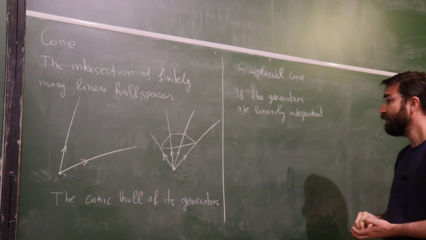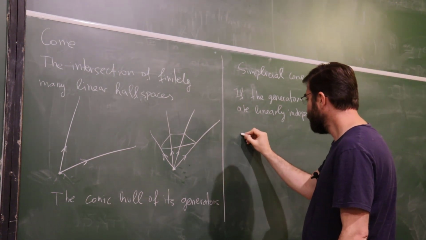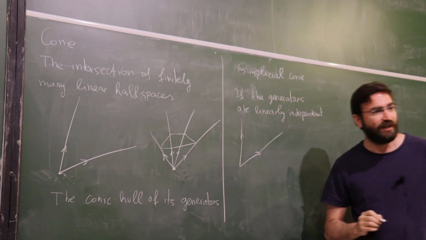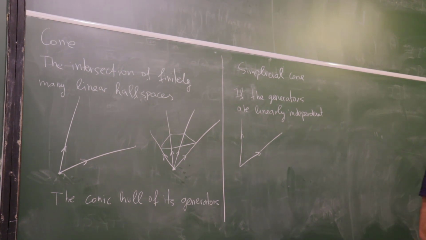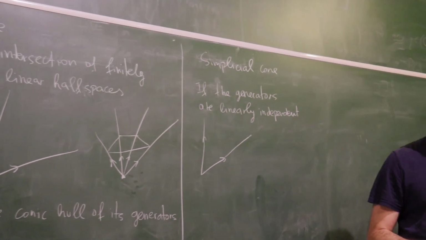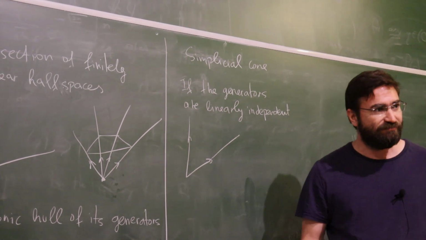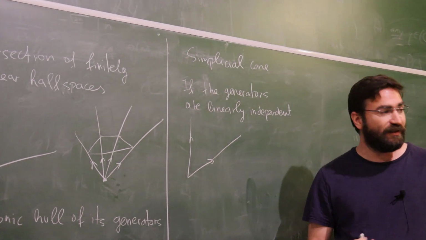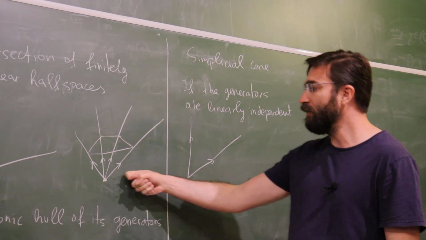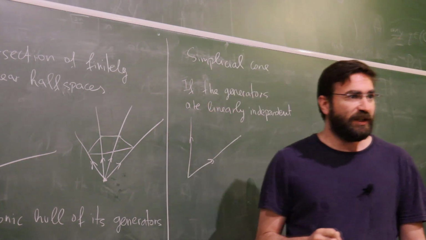So let me draw a cone in 2D, and like every other cone in 2D, it is simplicial, right? Because there's no way not to have linearly independent generators in 2D. But in 3D, for example, this is not a simplicial cone, right?